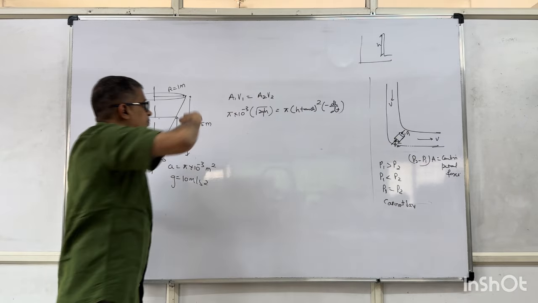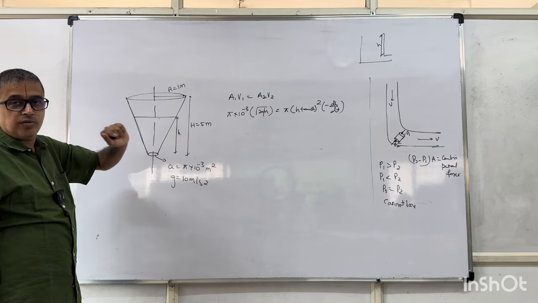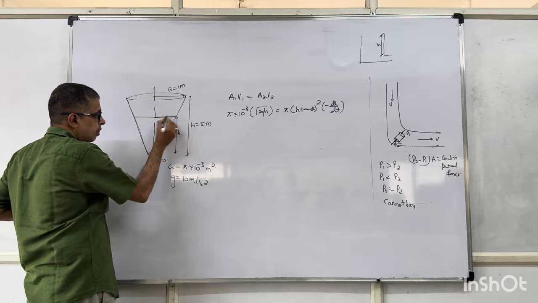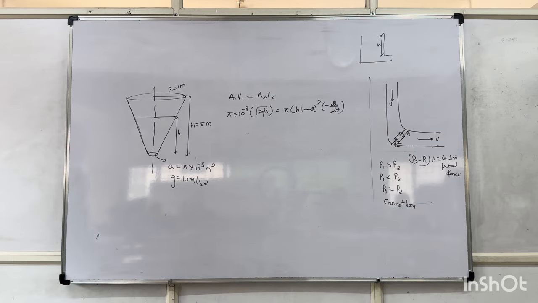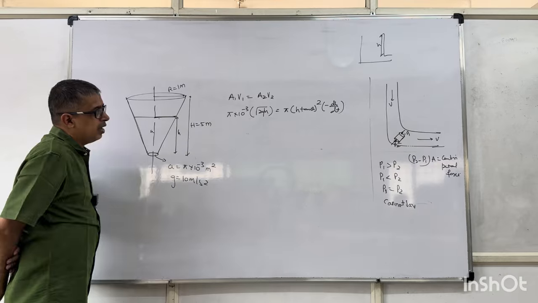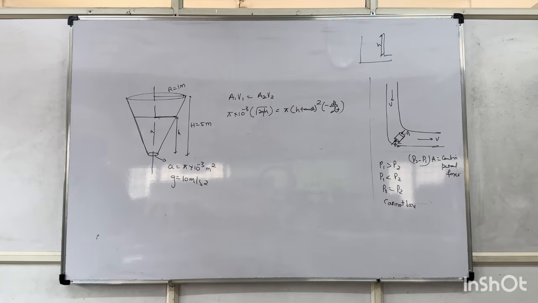So velocity at a height h, the velocity will be root over of 2gh. Now, what will this radius be? H tan theta, because this will be h. What will this radius be? H tan theta into the velocity with which it is coming down is minus dh by dt.